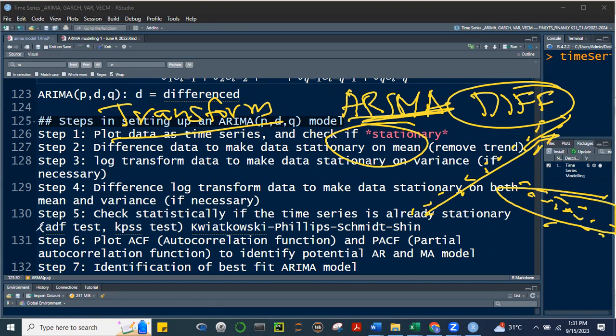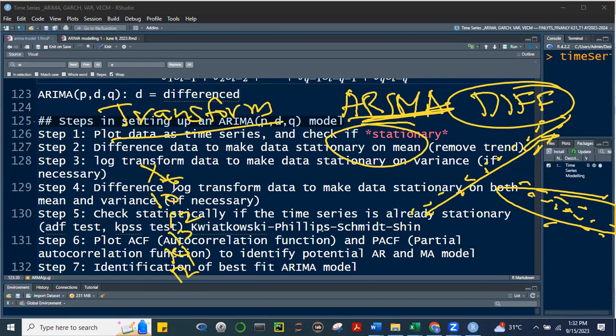Now, if you difference your data, what happens? Let's suppose this is your original time series x sub t. You have 10, 12, 13, 14, 12, etc.